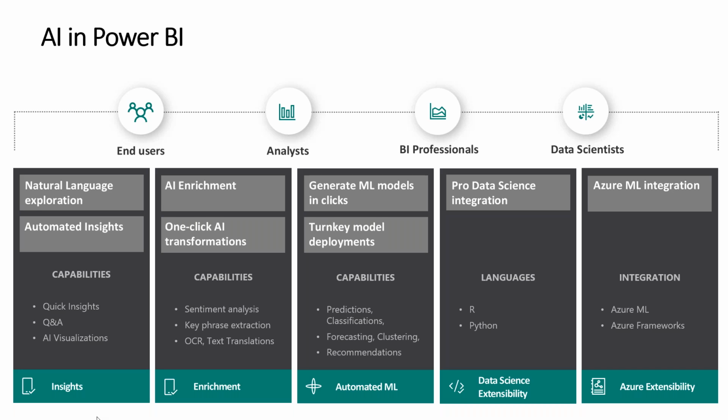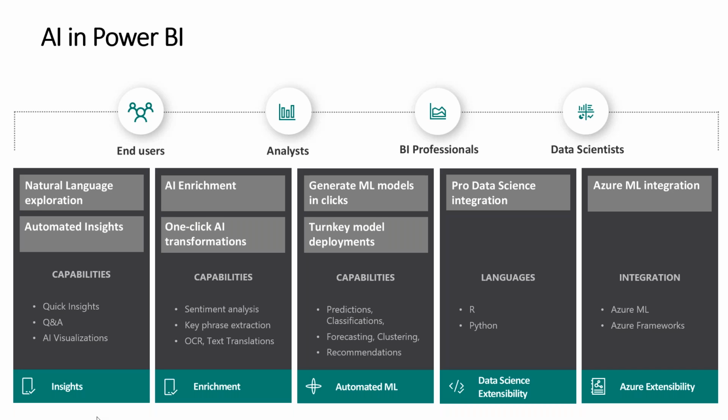And then if we look at the data scientist persona all the way to the right, one of the things we are not trying to do with Power BI is to compete with things like R or Python or Azure Machine Learning. We're trying to allow Power BI to become an integration point, an extensibility point for these tools.